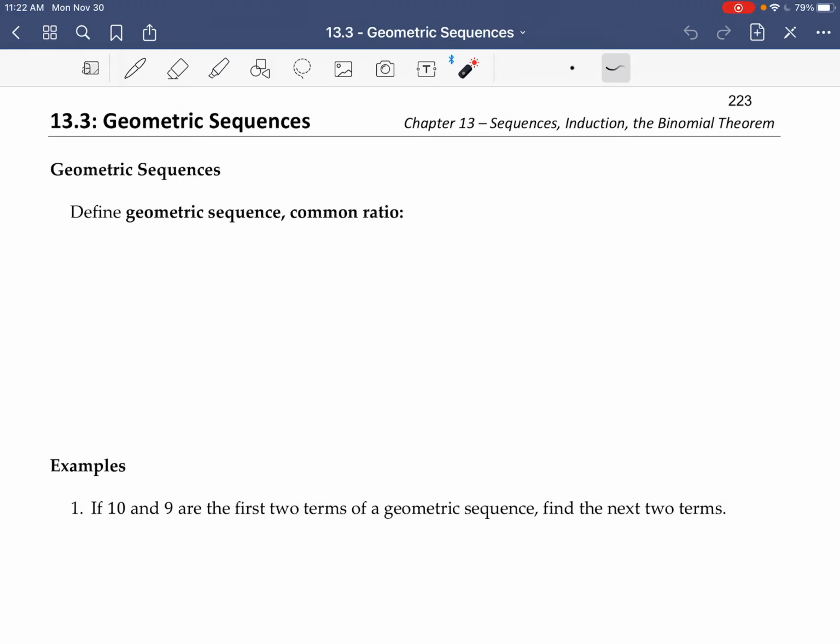In this video, we're going to talk about another type of sequence that's special, that's called a geometric sequence. So again, we start with the definition.